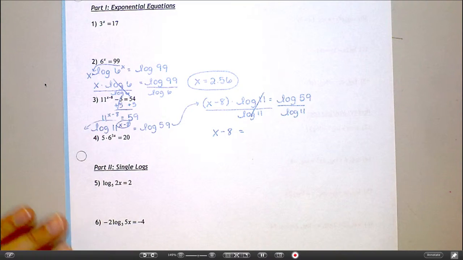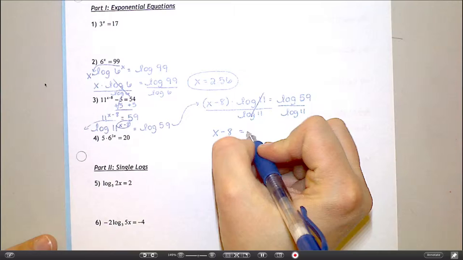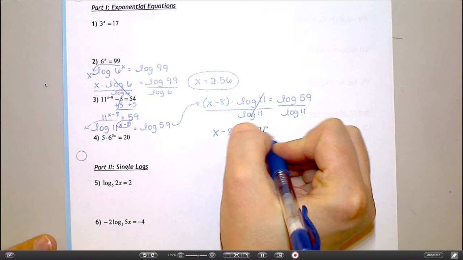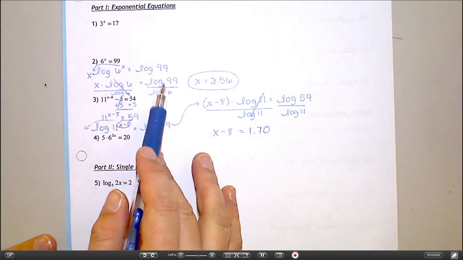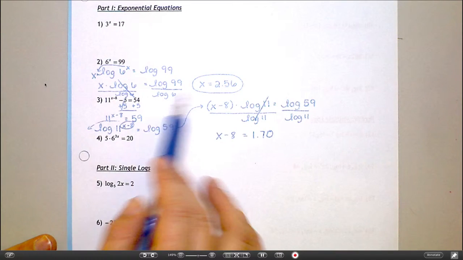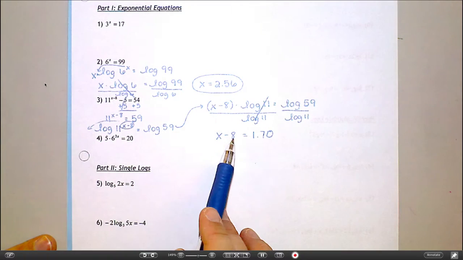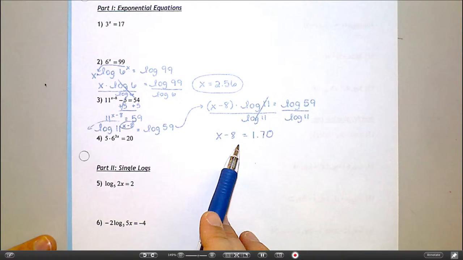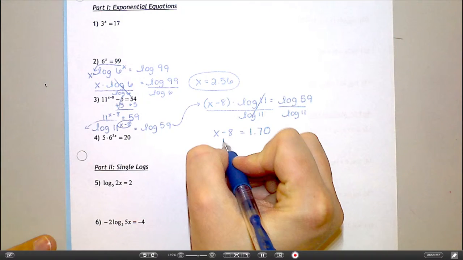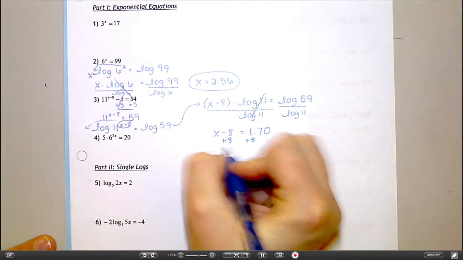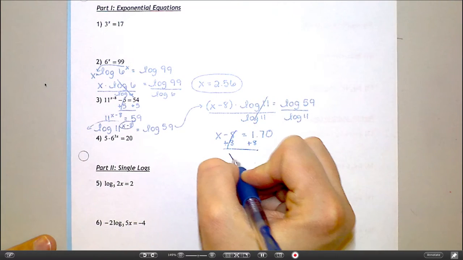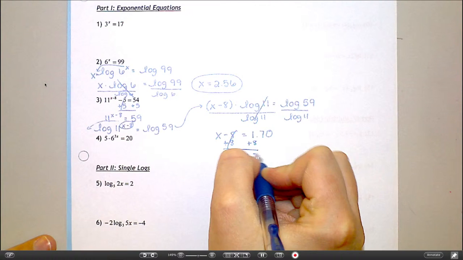I end up with like 1.70. Now the only difference is back here, when I did that step, when I did the logs in my calculator, that was my final answer. Here I have one more step to take, right? What's my last step? Add 8. Add 8, yep. Add 8, and you end up with x equals 9.70.